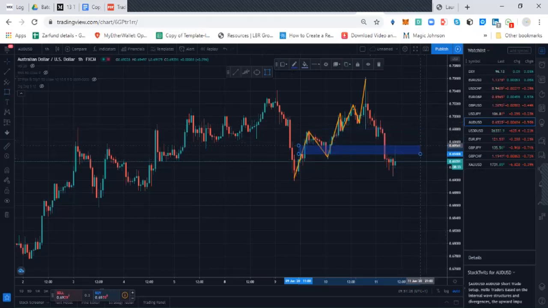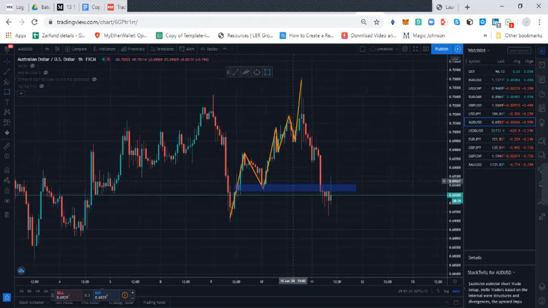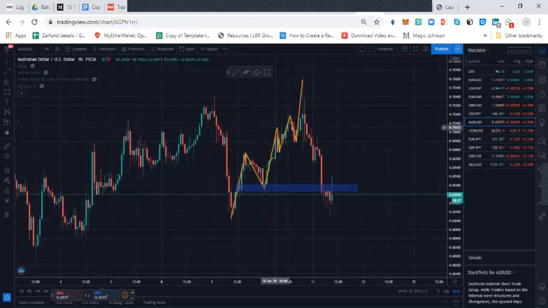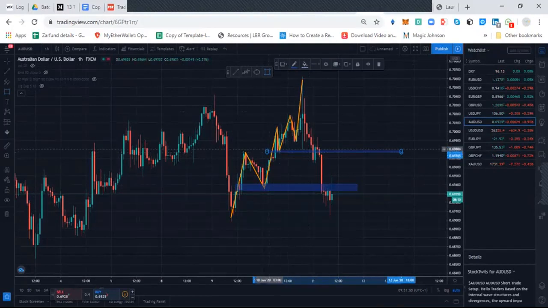So now that it moved to a high, then we see a pullback here and then another high. This gives us another structure right here. So this structure is somewhere around here.